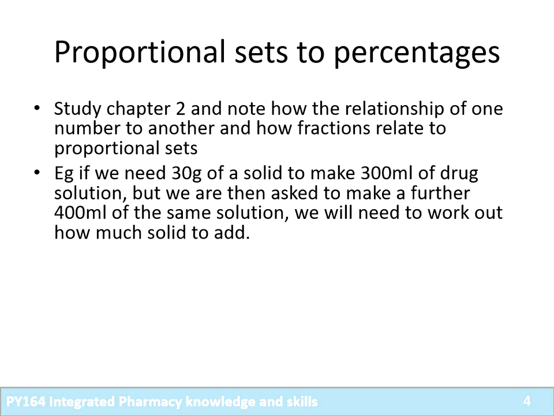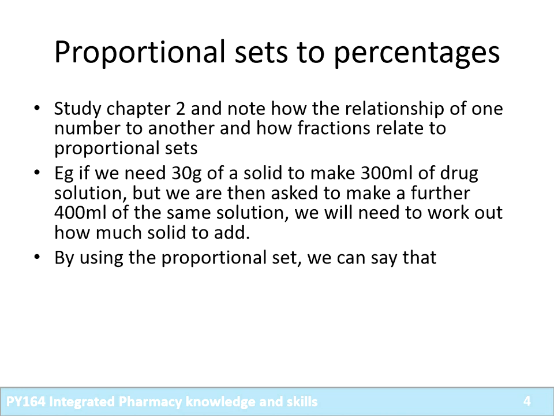Those two we know. Then we're asked to make a further 400 mils of the same solution. What we don't know yet is how much of the solid we need to put in to make another 400 mils of the same strength solution. But using the proportional sets, we can work that out.